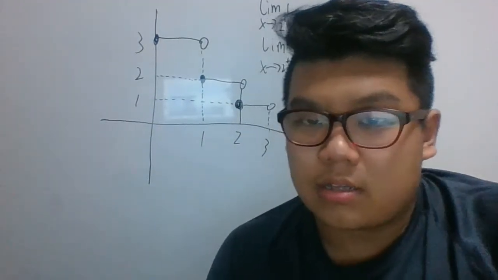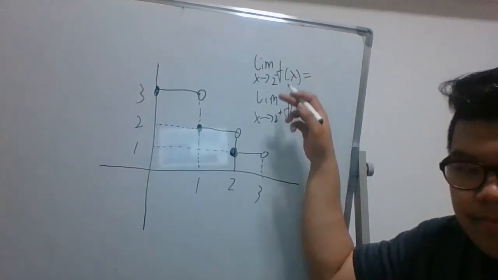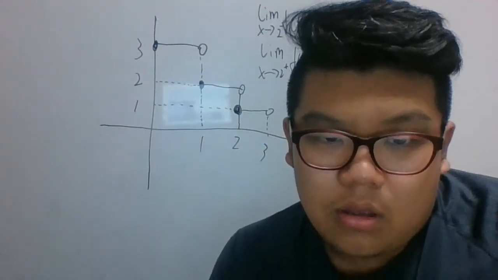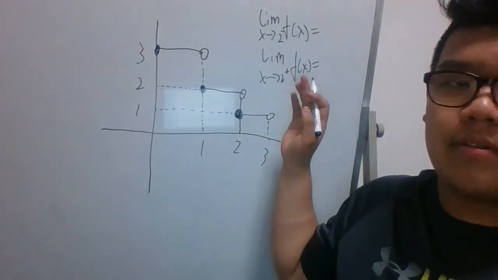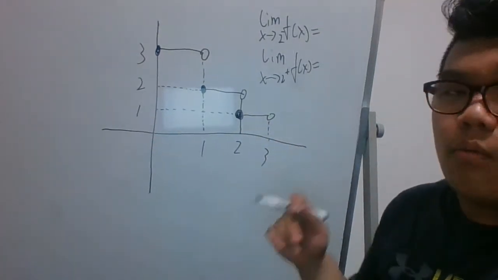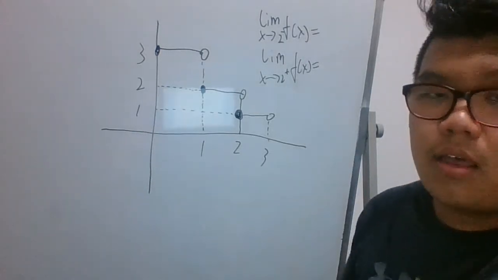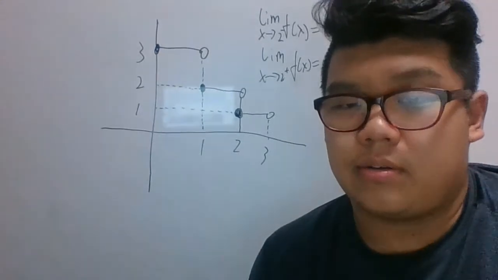As you can see from this function here, we look at x approaching 2 from the left, which means we're looking at x values of 1.99999 and so on, so the value here is 2.